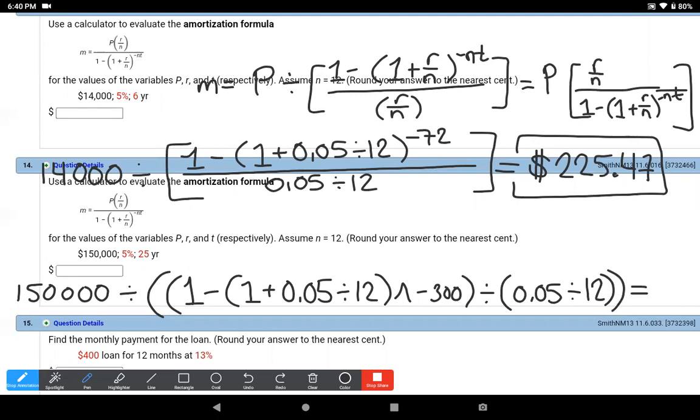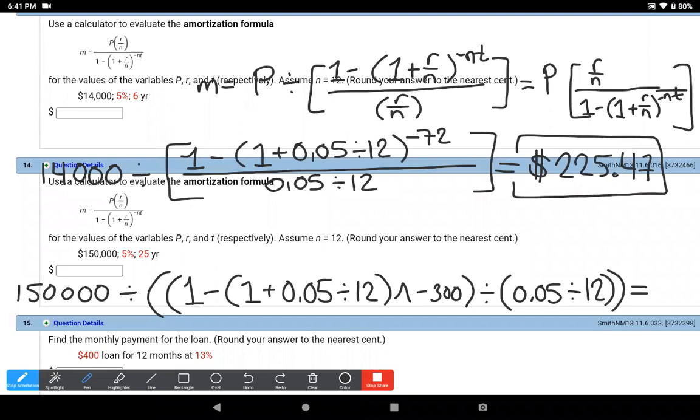So that's what it looks like in my calculator, right? 1, 2, 3, 4 zeros, divide by parenthesis 1 minus parenthesis 1 plus 0.05 divided by 12, end parenthesis caret negative 300, end parenthesis divide by parenthesis 0.05 divided by 12, end parenthesis equal sign.